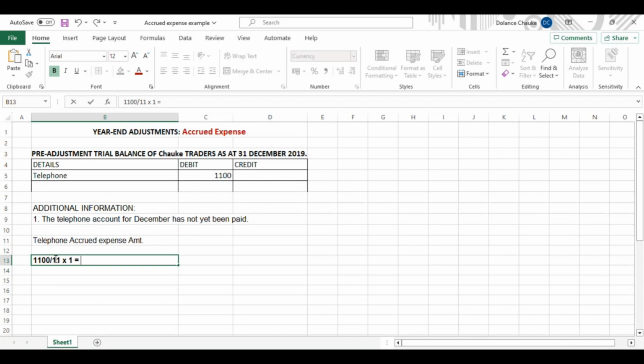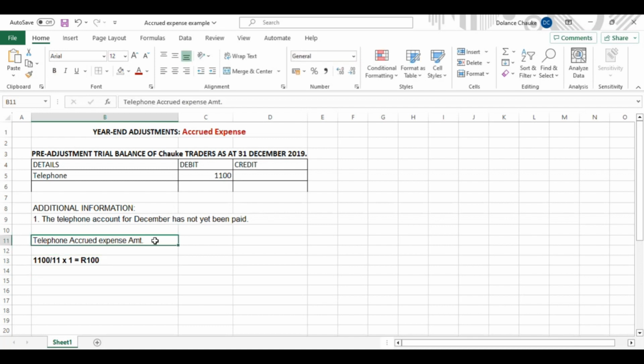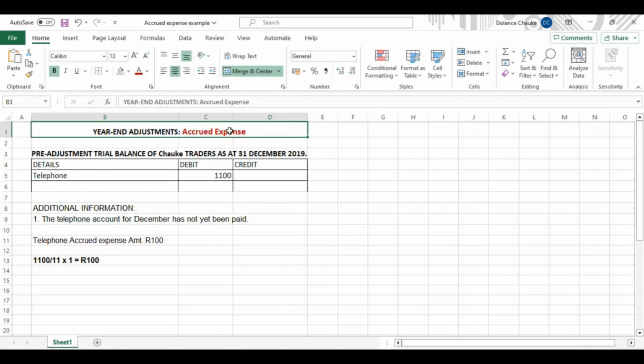So you'll get 100 rand. That 100 rand is accrued expense. So the amount missing there for accrued expense is 100 rand. That is the telephone accrued expense amount, okay?